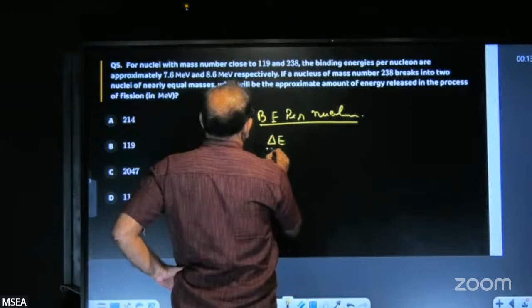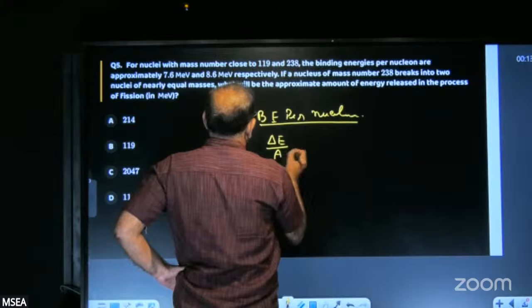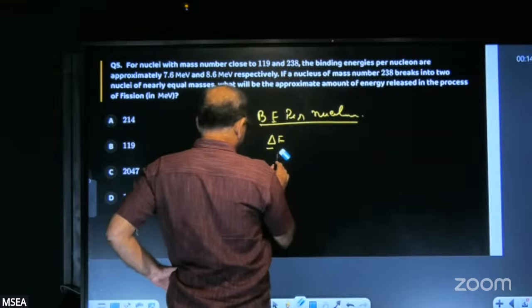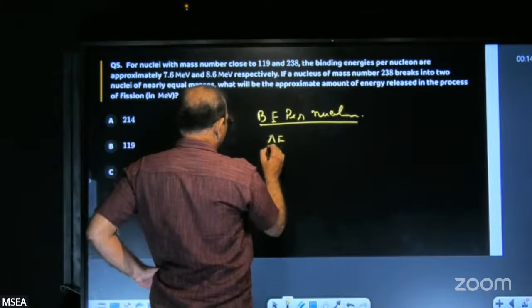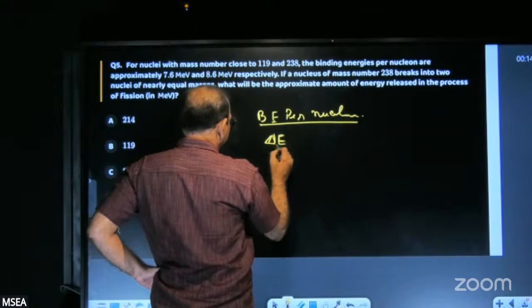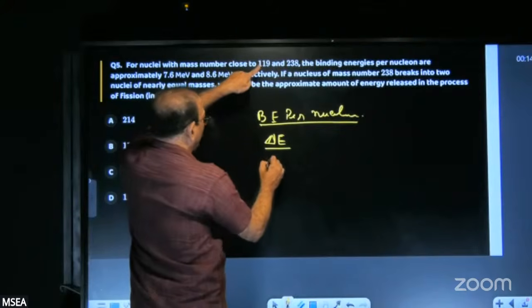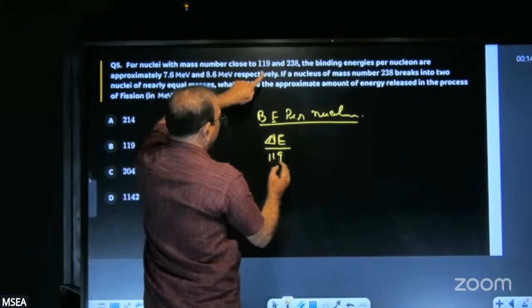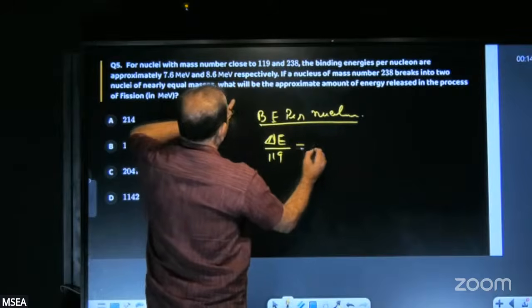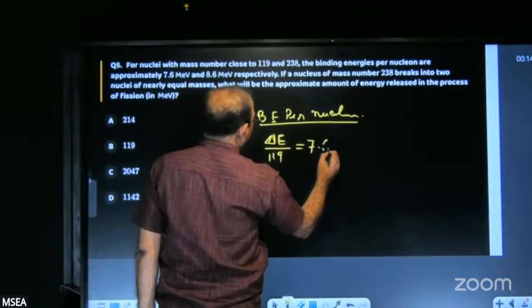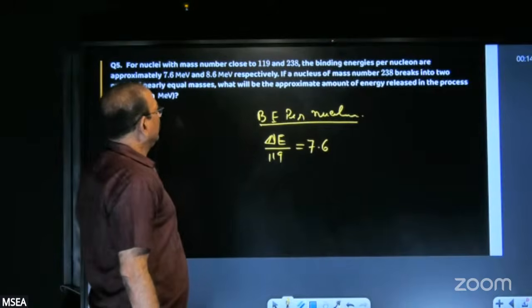Delta E by A. I'm writing directly here. For the first nucleus, mass number 119, delta E by 119 is 7.6 MeV.